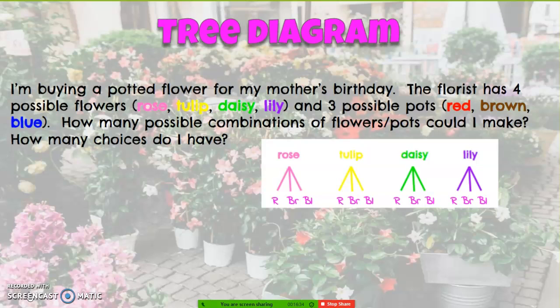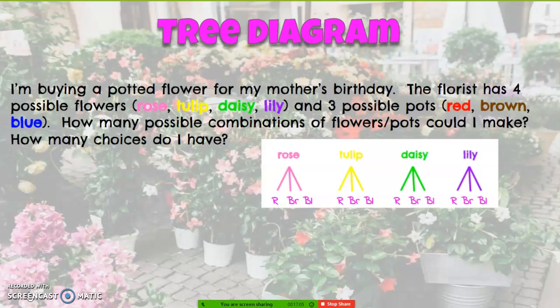So this tree diagram shows that I could have a rose in a red pot, a rose in a brown pot, a rose in a blue pot, tulip in a red pot, tulip in a brown pot, tulip in a blue pot, etc. And all along the bottom, if you count, that's how many possible outcomes there are. Or you could say 3 times 4. 3 possible pots, 4 possible flowers.